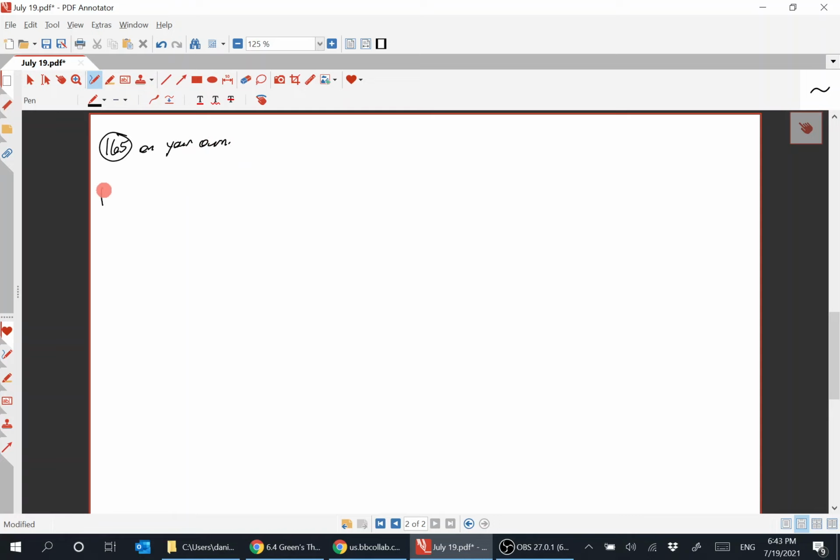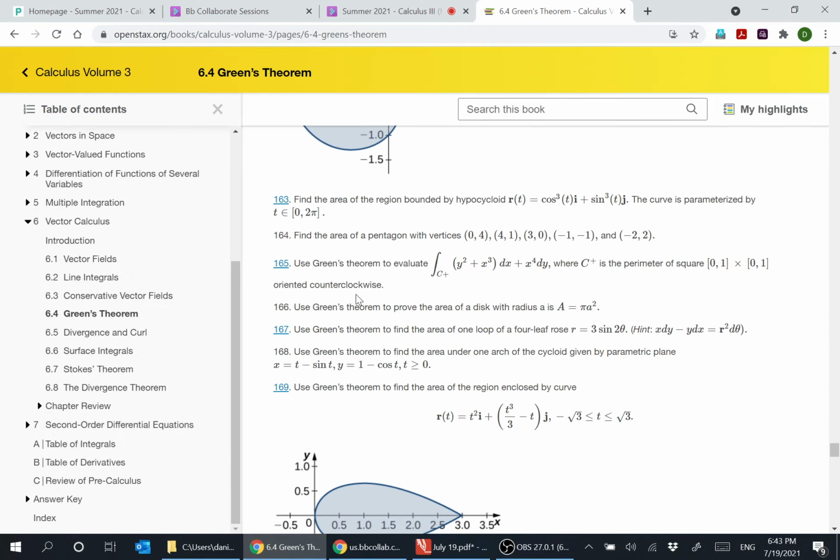167. So use Green's theorem to, oh yeah, this is not a good problem. This doesn't use Green's theorem. At least I don't think so.